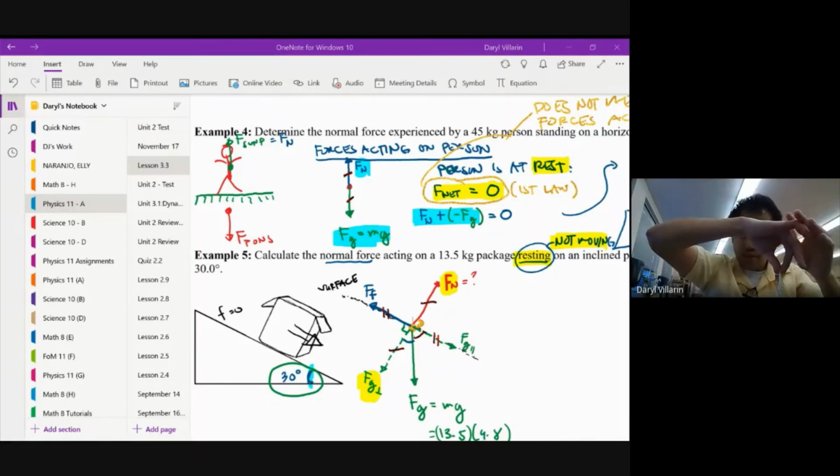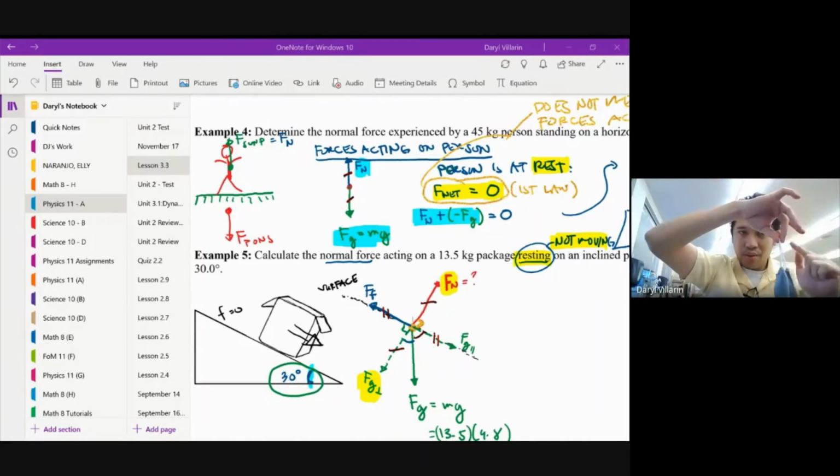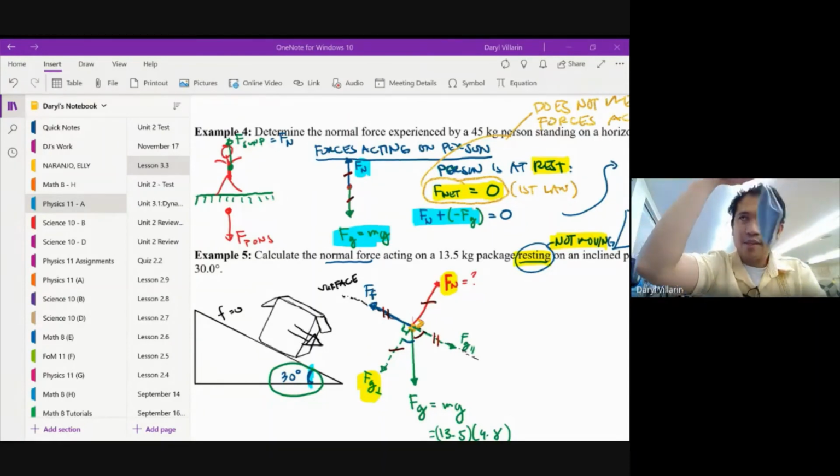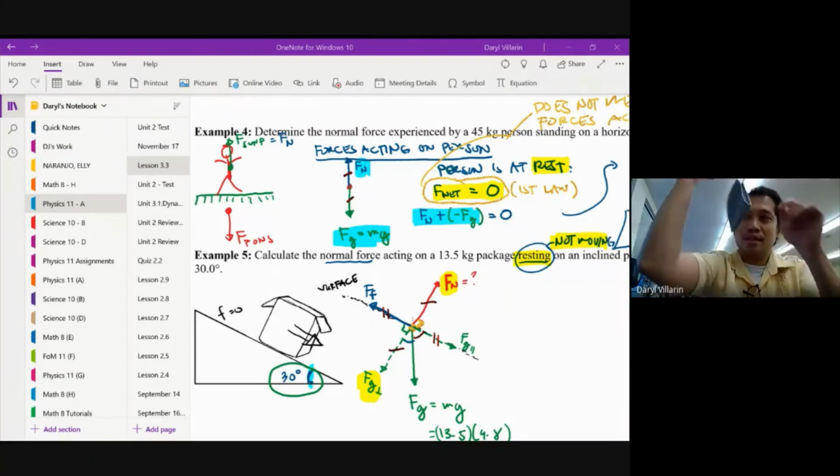So if I'm gonna move this one up slowly, which of the two angles corresponds to this one, the first one or the second one? Anyone? If this is completely perpendicular, that's 0 degrees, that's 90 degrees.